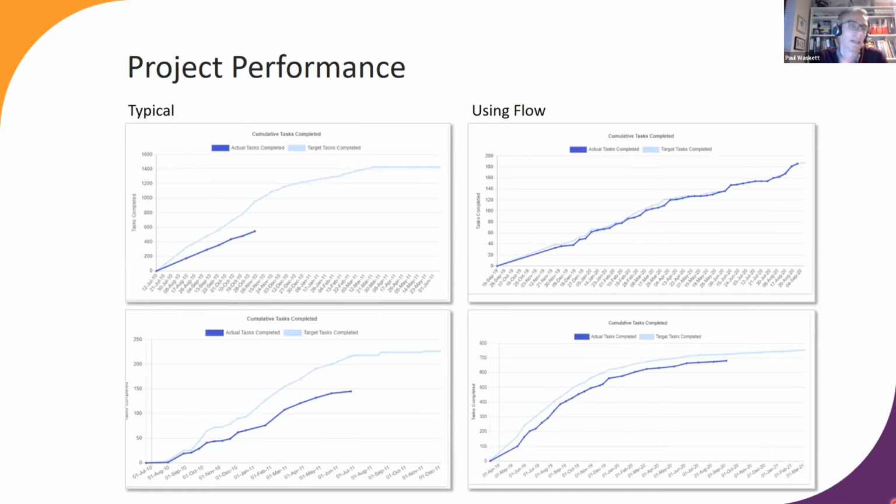And what you can see on the left is that those 2 lines deviate away from one another. You fall away from the target plan as those problems arise, and they prevent the team from delivering. With Flow and with the DSM optimizing the process periodically, we're seeing much higher level of certainty and predictability.